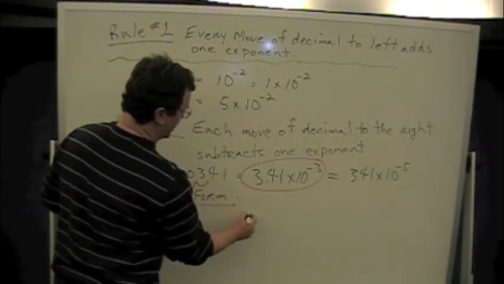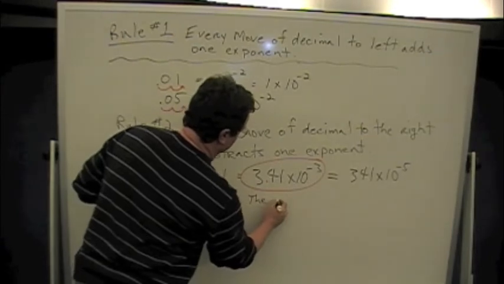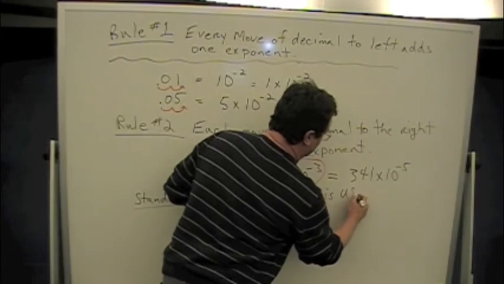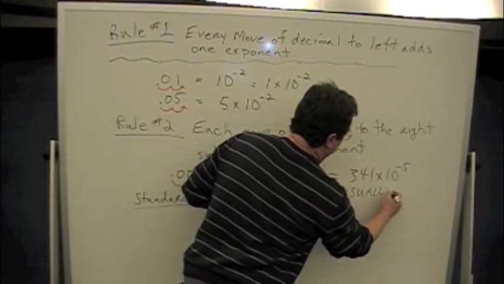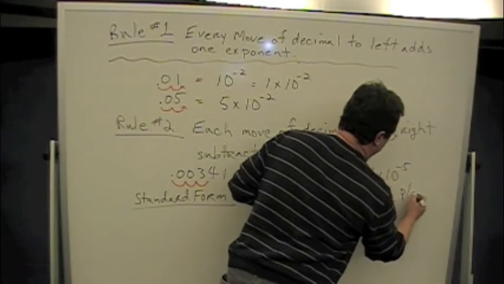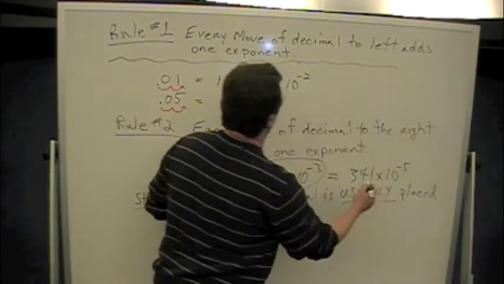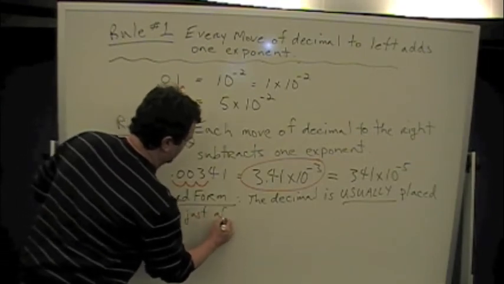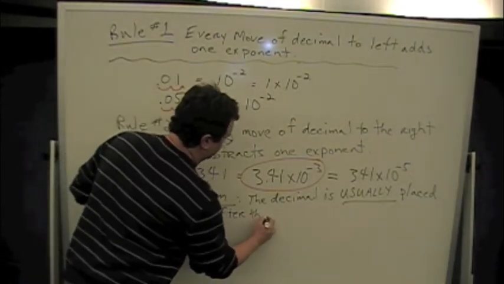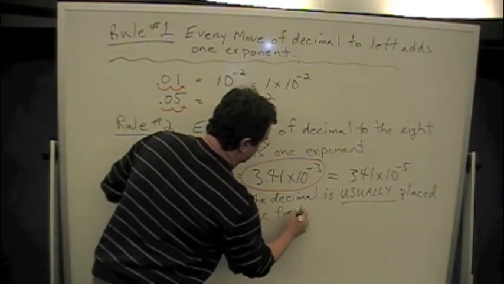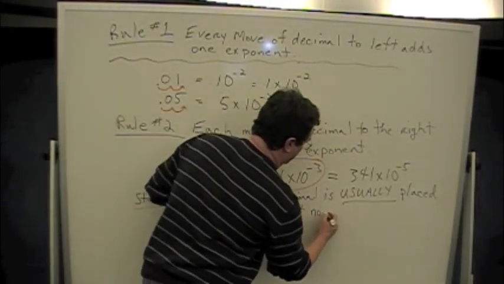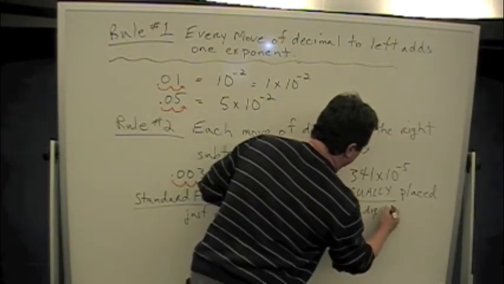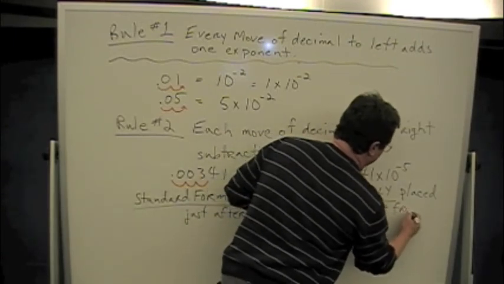In scientific notation, the decimal is usually placed just after the first non-zero digit from the left.